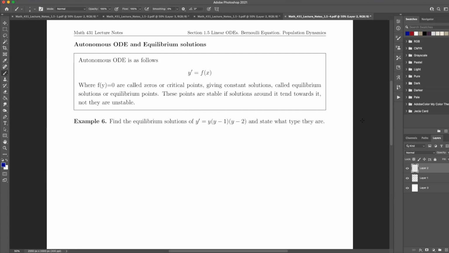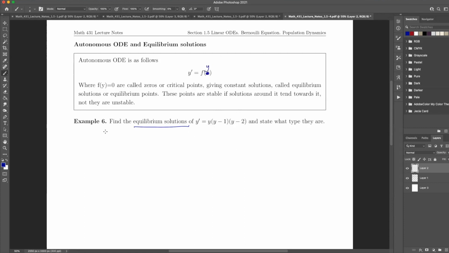And so what we can have here is what we call equilibrium solutions. Equilibrium solutions are where f of x equals, hold on, I wrote this wrong. This is f of y.